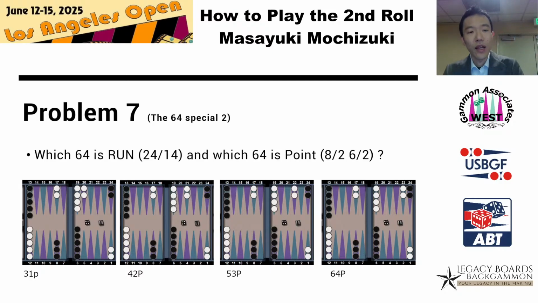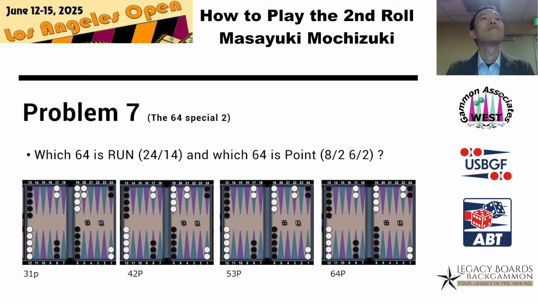So, which 6-4 is run and which 6-4 is point? I'm going to give you a hint. Only one of them is right to run, and the rest is right to make the point.